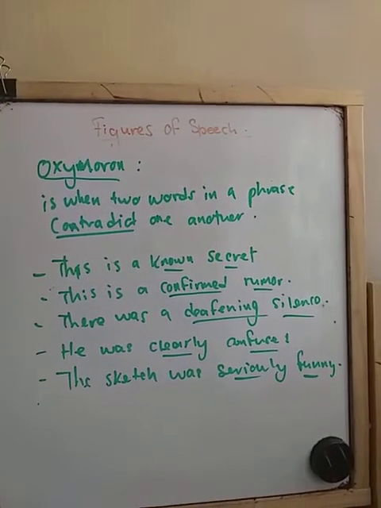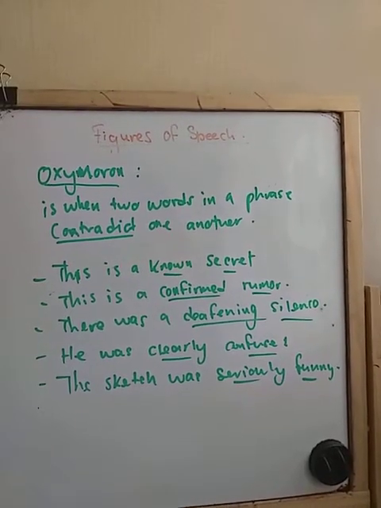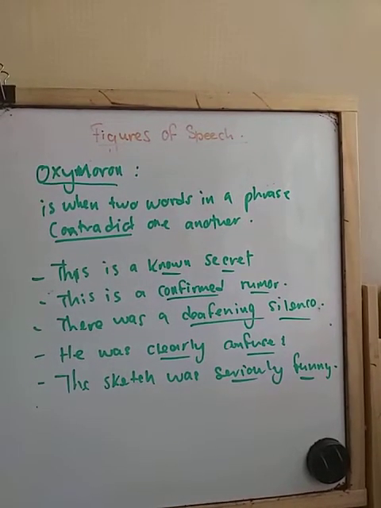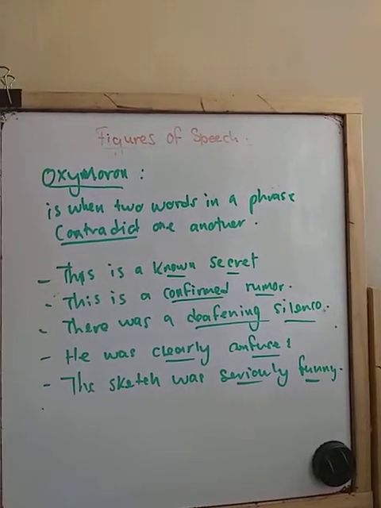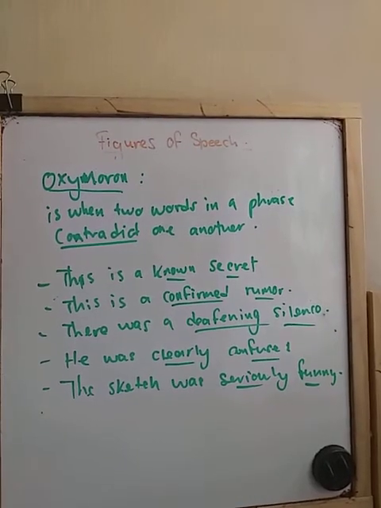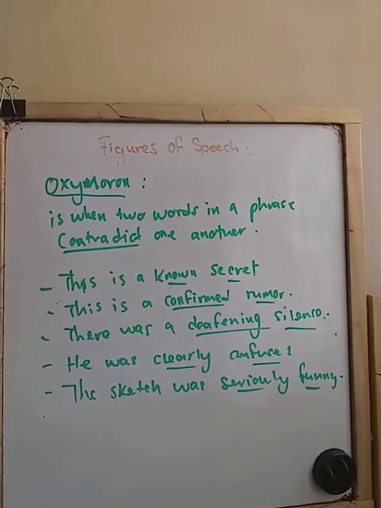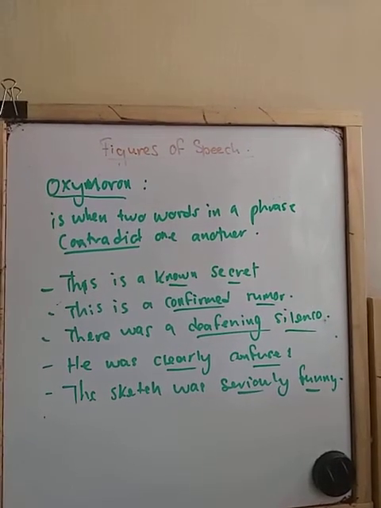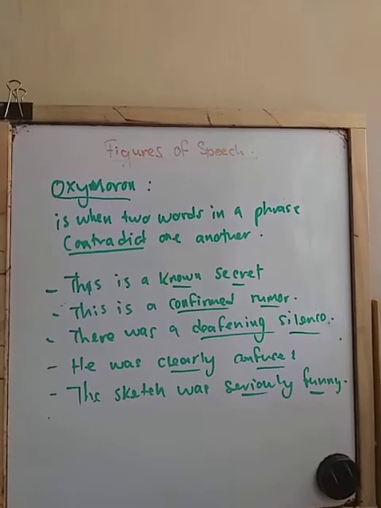It's also not easy to describe, but I'll give you an example so that you can have a better understanding. If I say my watch ticks loudly, tick is a verb, and if you listen to your watch, you will actually hear this tick, tick, tick.